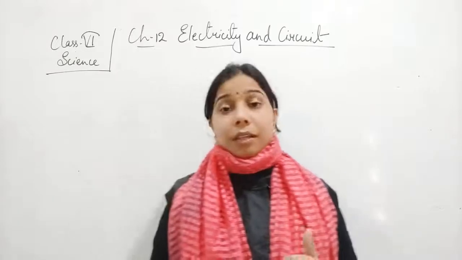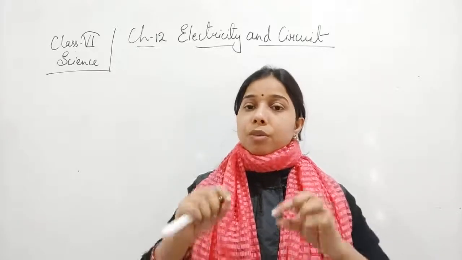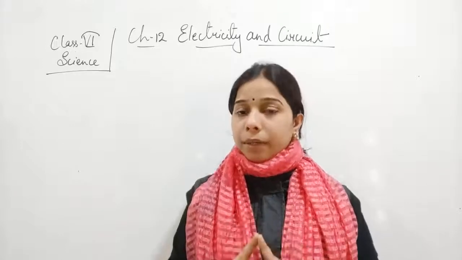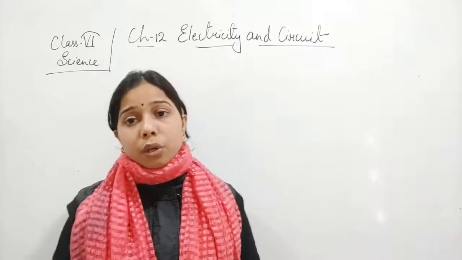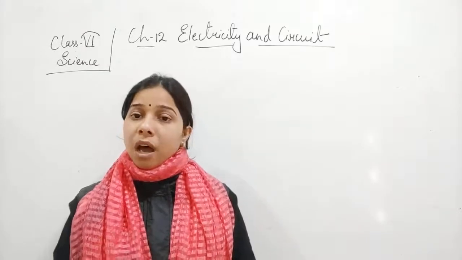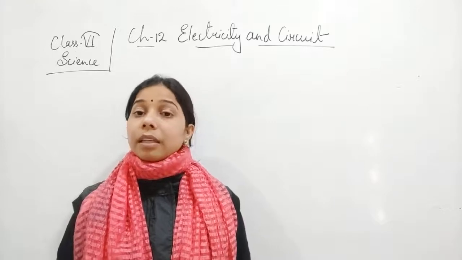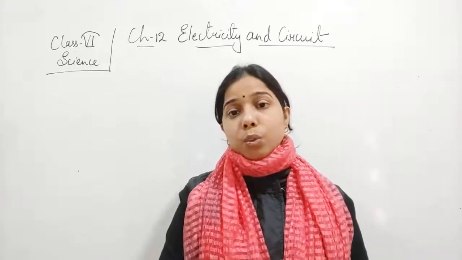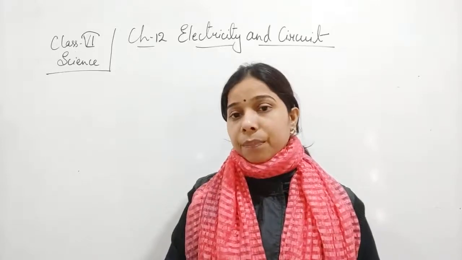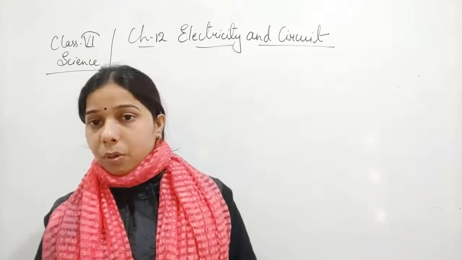Sometimes it happens that even though you have checked that all the connections are good, meaning you have connected the wires properly to the terminals of the bulb, even then the bulb is not glowing. So you have to check the filament of the bulb also. You will find that the filament of the bulb is broken, due to which the bulb is not glowing.